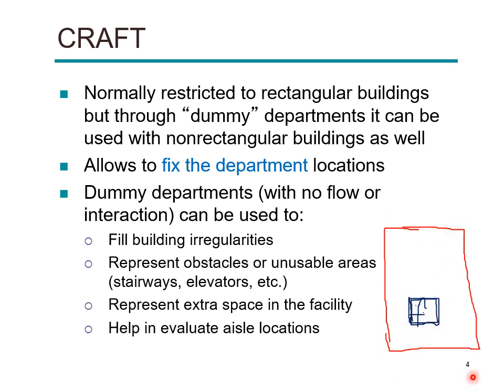So in your final layout, this elevator place will be exactly here. It's possible to do this in CRAFT. You can also use this option to determine the location for the aisles, stairways, etc., or to create departments with shapes other than rectangular ones.